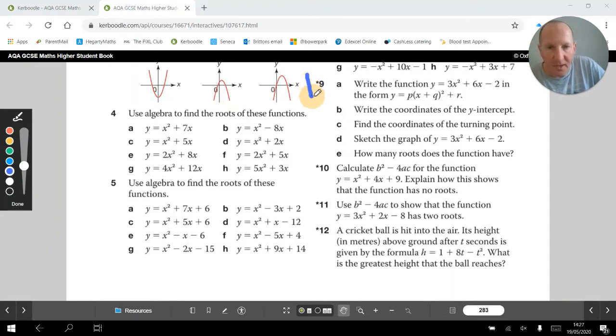If we look over here, we've got some star questions. They are tough ones, but I'm sure most of you can do this with hard work and hopefully my help on the video. This is about putting something in the form of completing the square. So I'll be doing this on paper for you. And then we'll be using that as we did on that previous PowerPoint slide.